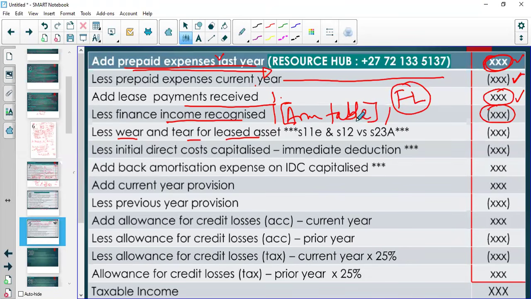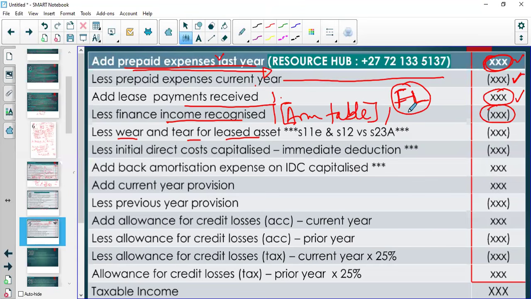With the finance lease, we don't have the asset, right?